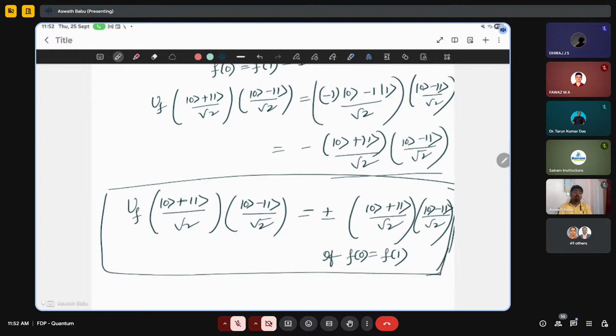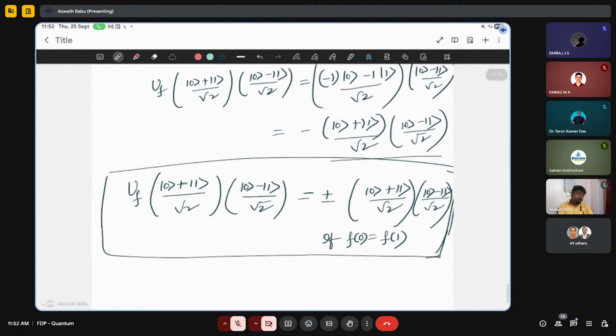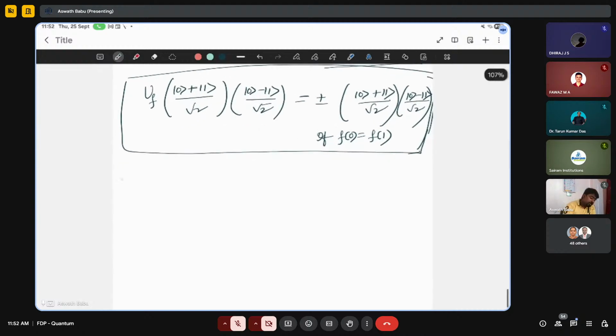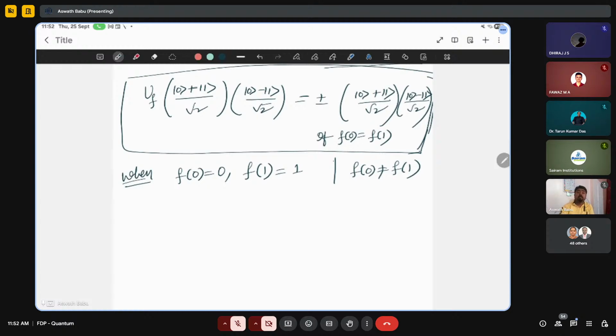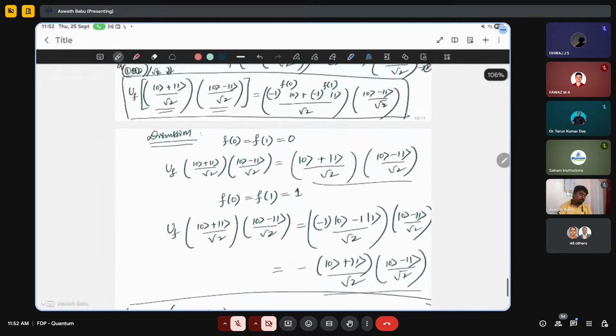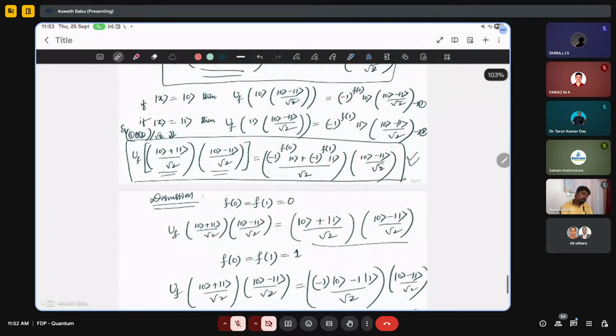Now, f(0) and f(1) are not always the same. They may be different, so we need to consider that also. That is the case when f(0) is 0 and f(1) is 1, so I am talking about the f(0) not equal to f(1) case. In that case, from the above, this is our actual expression.